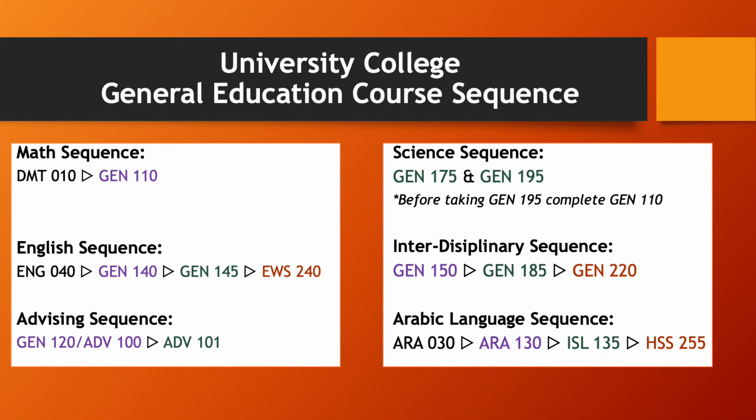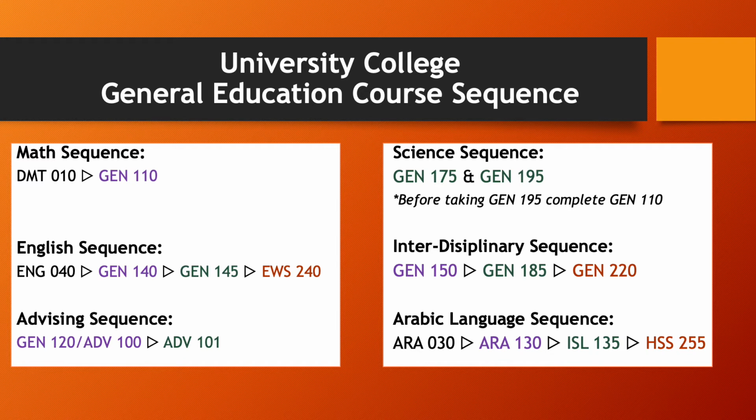For English, if you start in ALL 040, that is the English language program, you will transition into Gen 140. Many students begin in this course. After Gen 140, you will take Gen 145, which is English 2.